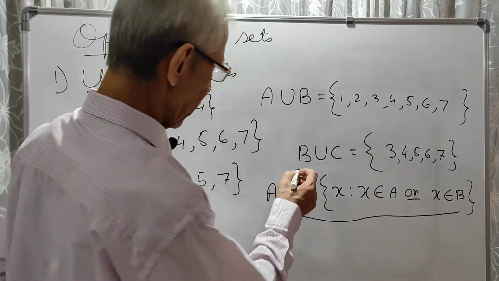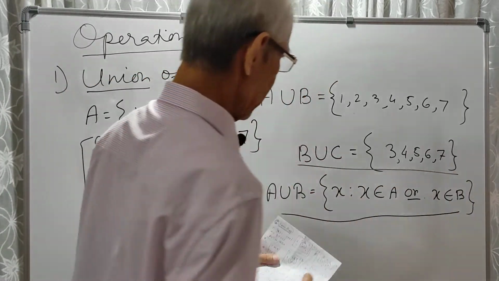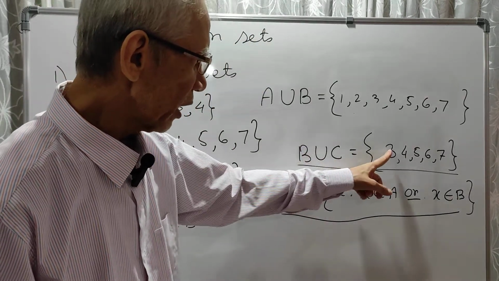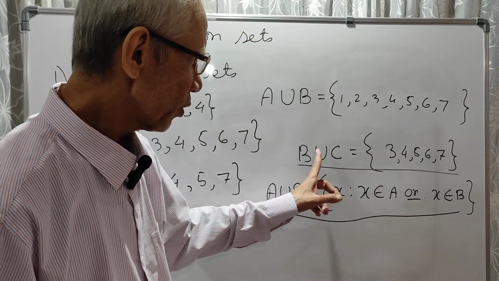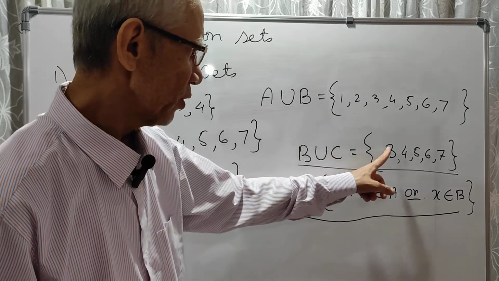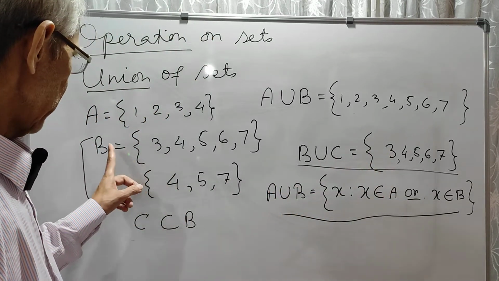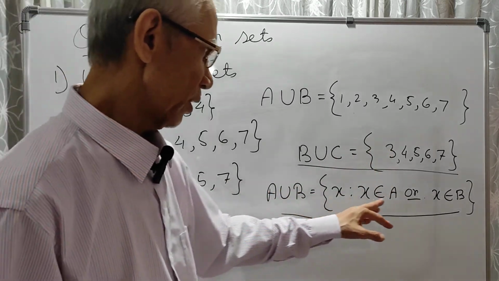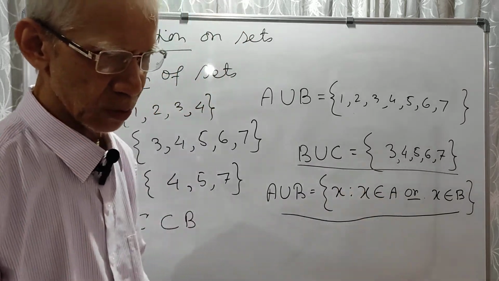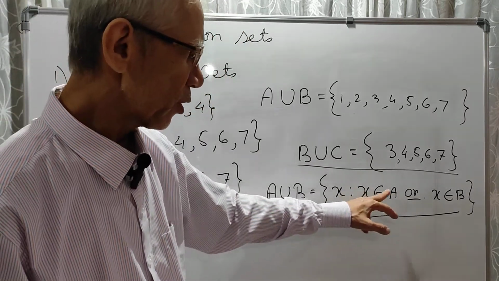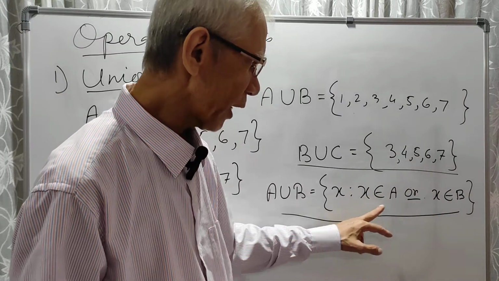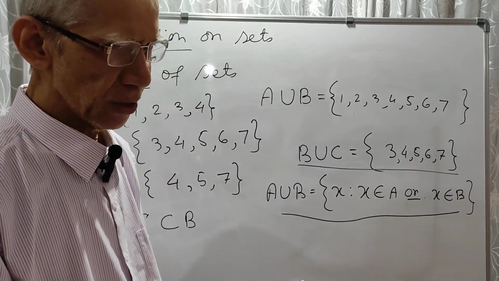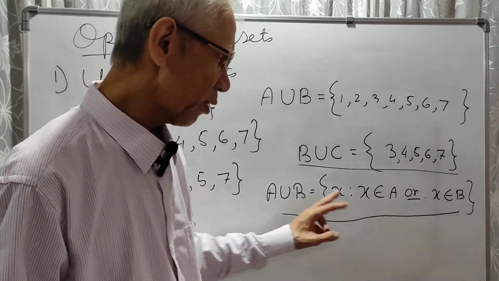Now if you see this set, it contains the element which belongs to B or belongs to C. Now see, 3 belongs to B, 3 belongs to C, or X may belong to both. You may write X belongs to A or X belongs to B or X belongs to both, but that need not be written. So in general expression we write only this way.